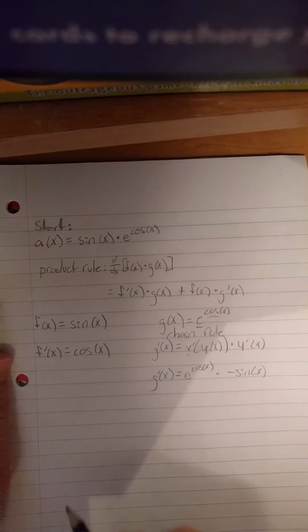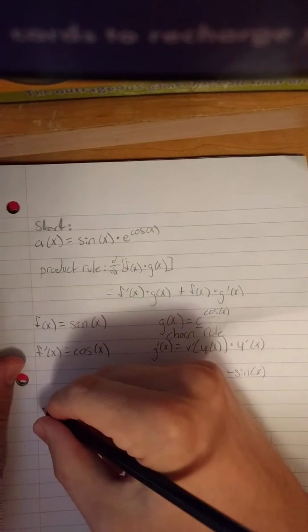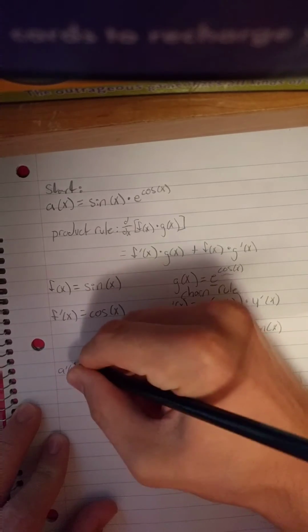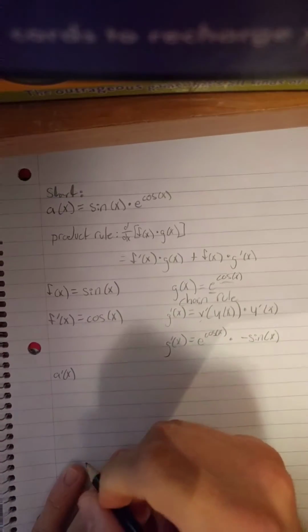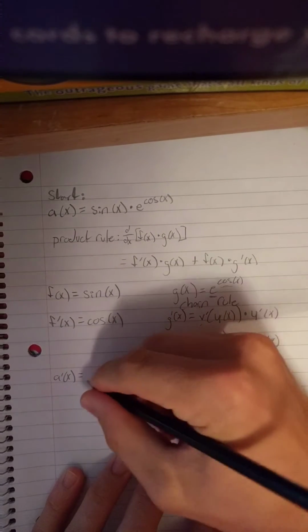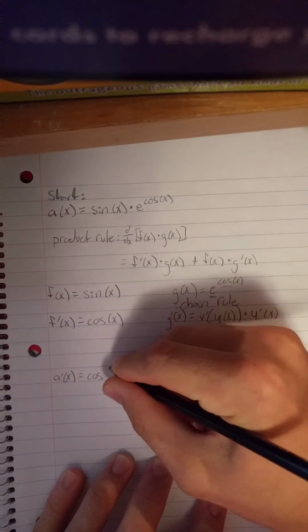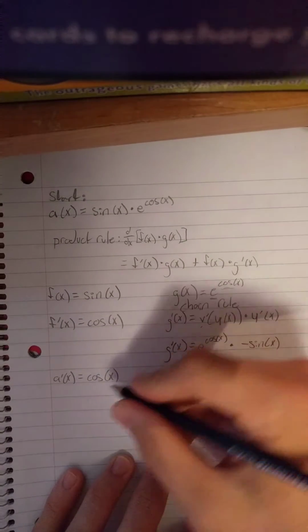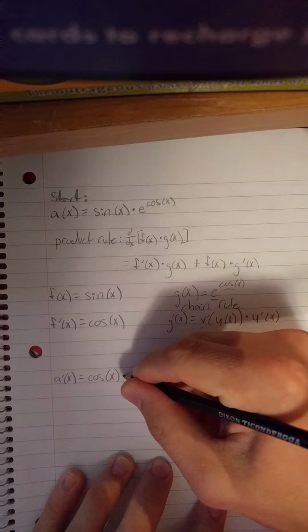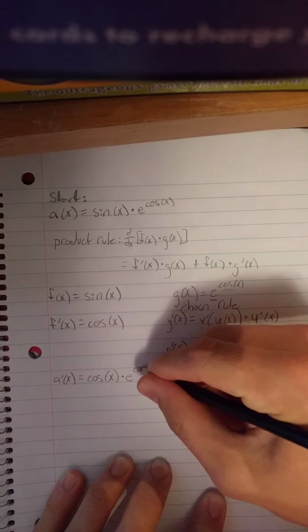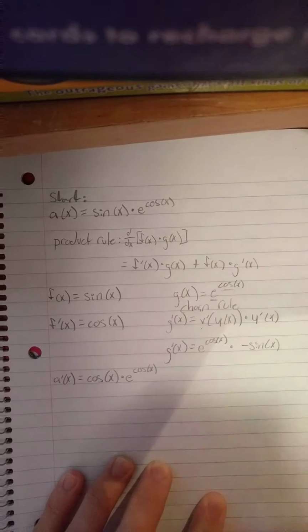Cool. So now we have all four of the functions that we need to plug in to our product rule up here. So if we want to find the derivative, we're going to put in f prime of x, which we see here is just cosine of x, times g of x, which is e to the cosine of x.